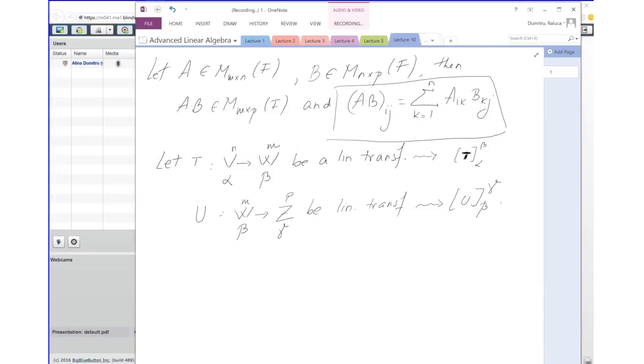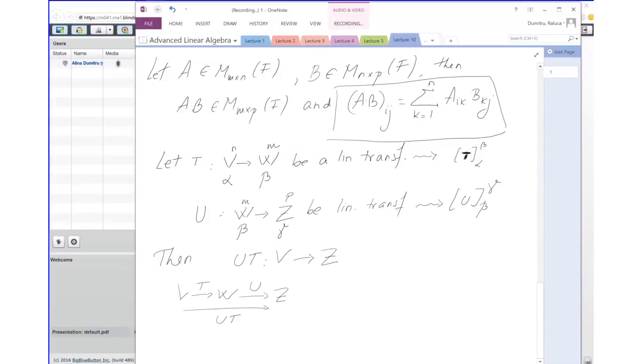Now I can form, just by function composition, I'm going with T from V to W and U from W to Z, so I can form the composite function U composed with T, which goes from V to Z. So this is a map so far.